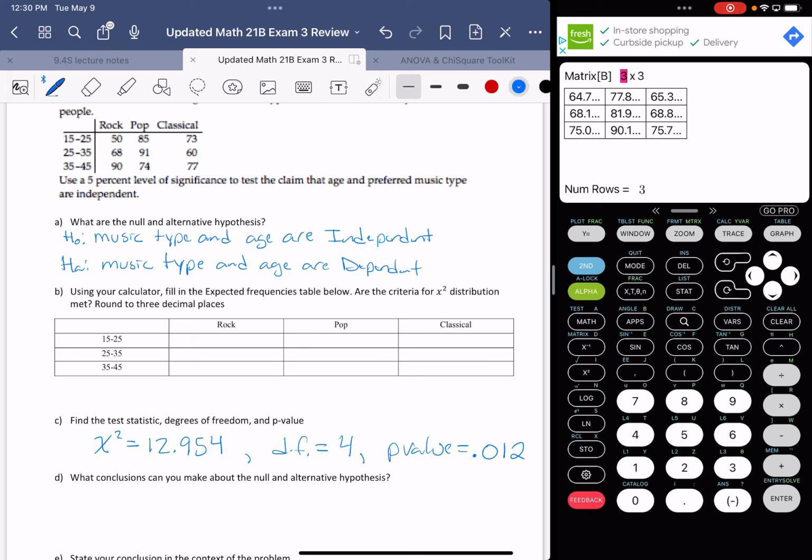Let's say it says to round to, does it say to round? 3 decimal places. So 64.766.